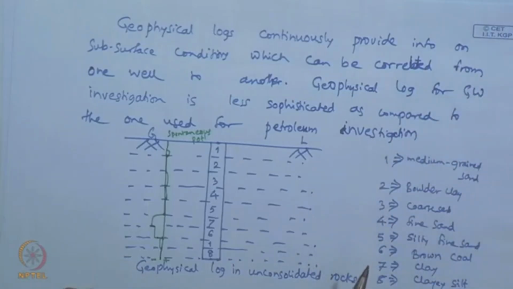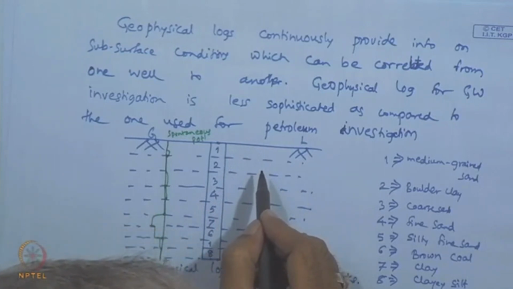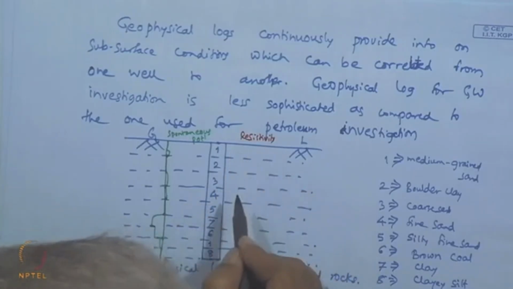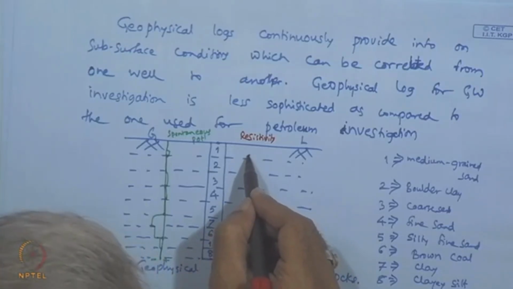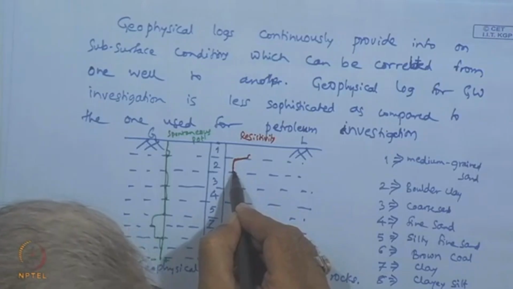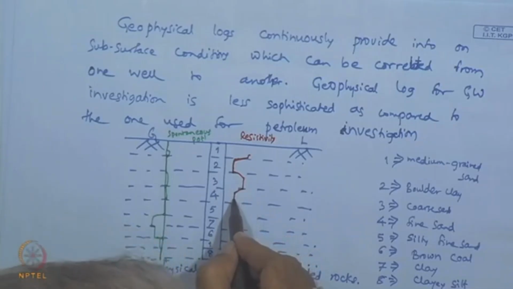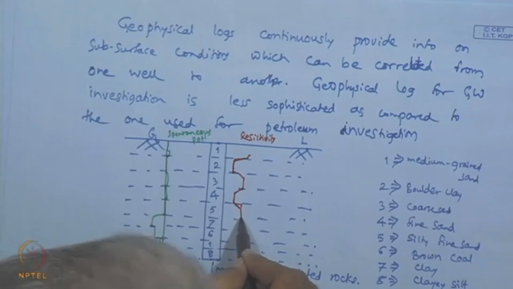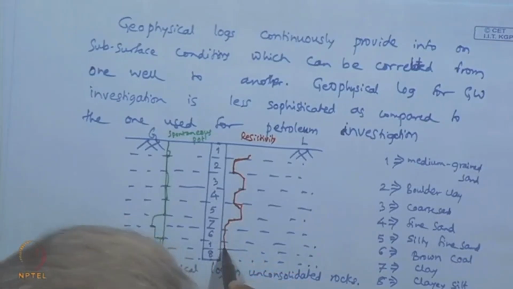Then similarly let us take the electrical resistivity, and suppose it shows a variation like this.